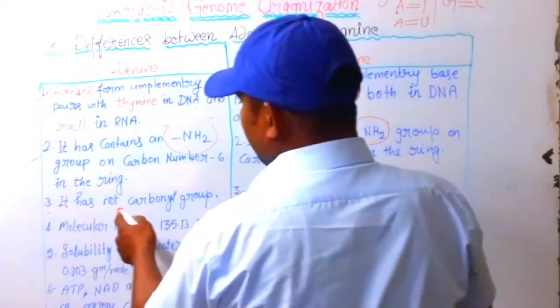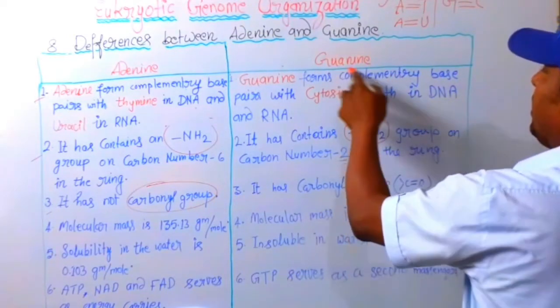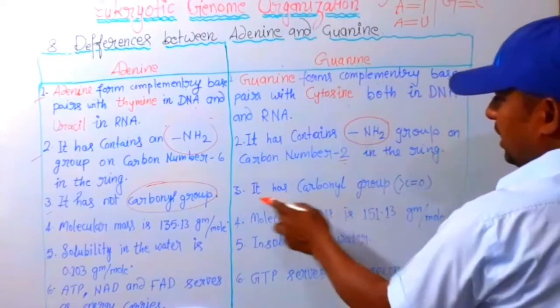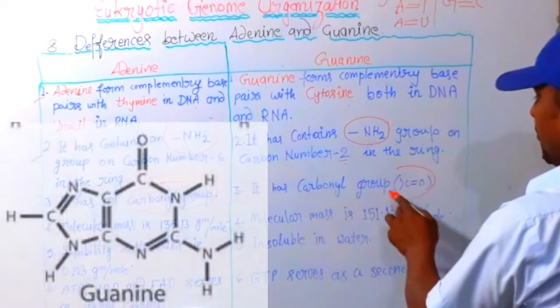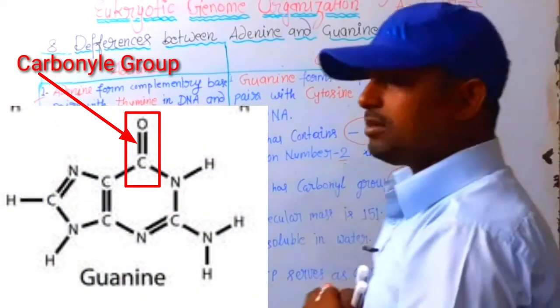Point number 3, adenine does not have a carbonyl group, while guanine has a carbonyl group, meaning oxygen is connected by a double bond to carbon.